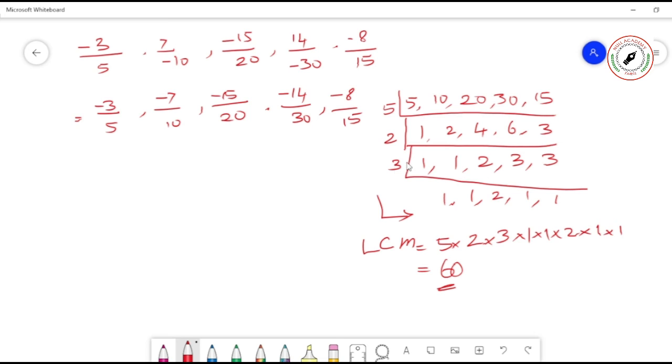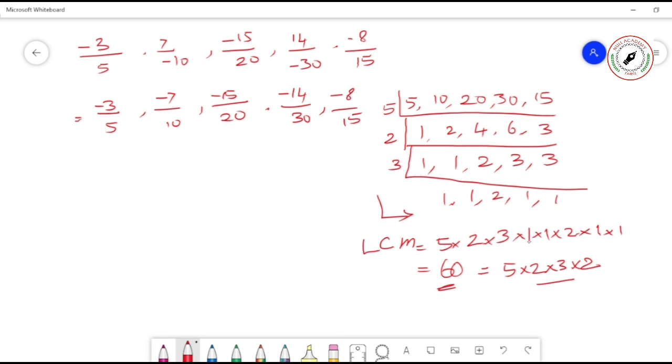Again, come to this one. These two factors are not possible, but this is possible. Here you divide by 3. So you write 1, 1, you write 2 as it is, 1, then 1, 1. That's all. Then multiply everything: 5 into 2 into 3 into 1 into 1 into 2 into 1 into 1. Wherever 1 is available, you can leave it as it is. So you can also write it like this, both are the same.